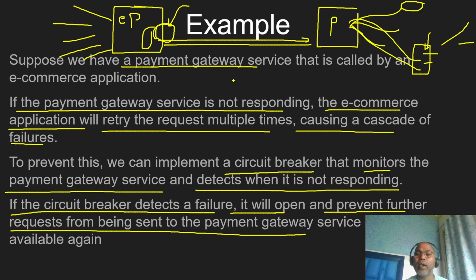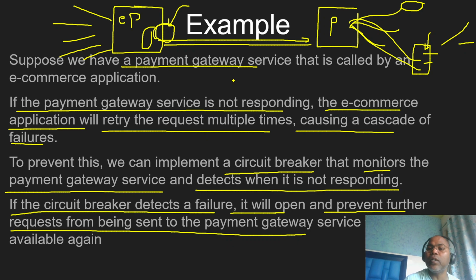Once the timeout is reached again, the half open state tries the payment service to see if it is properly responding. If everything is healthy, the circuit breaker says, let's close the circuit.